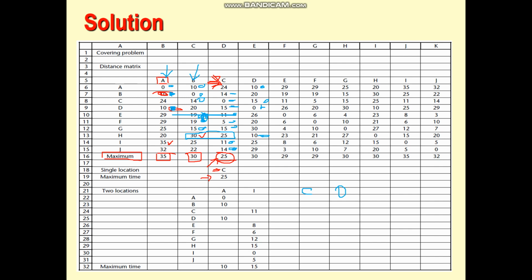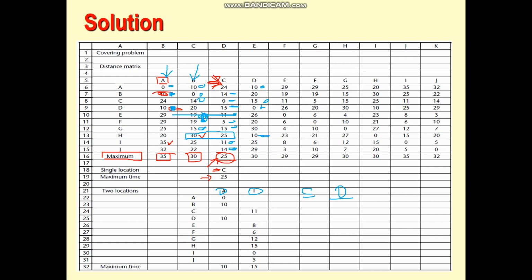We also do the same thing for the rest of the locations. So we will have several options to put our locations. For example, A and I are also okay, or C and D is also okay. In the exam, I just require you to help me choose one pair only.